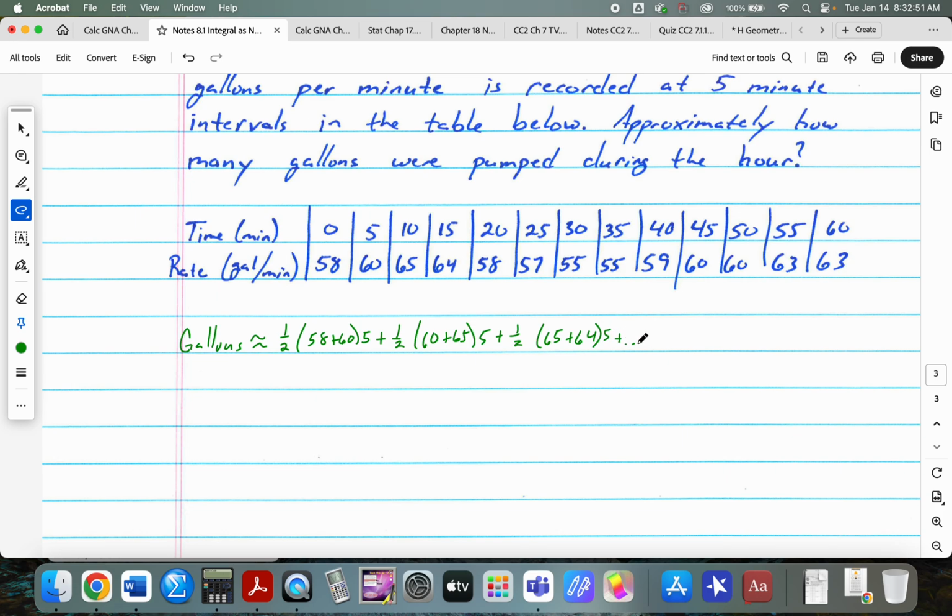And you're like, that's going to be a lot of writing. Can we do it with less writing? And because every interval is 5 minutes here, we absolutely can. We could factor a 5 out of that. We could factor a 1/2 out of it. So 1/2 times 5 times, and then notice, we're only going to use the 58 once, right?